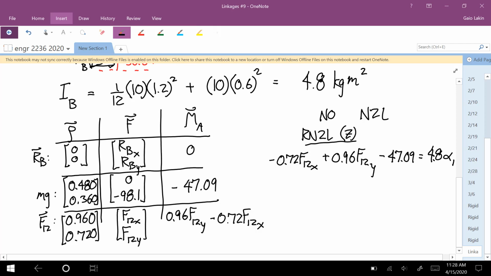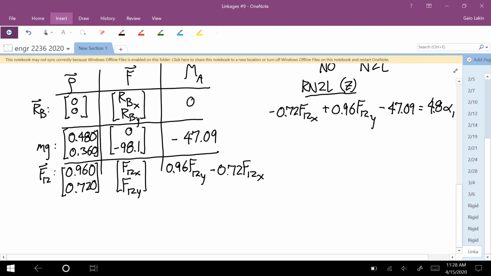And I'm going to rewrite this equation as negative 0.72 F12x plus 0.96 F12y minus 4.8 alpha 1 is equal to 47.09.